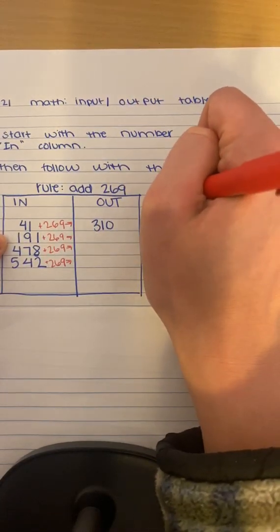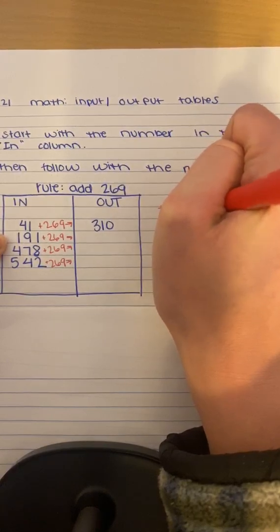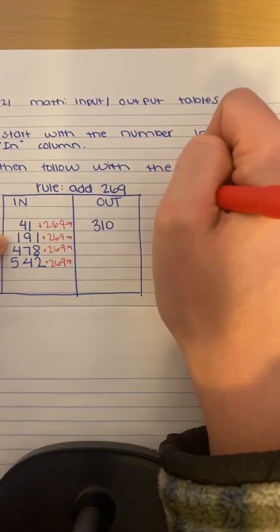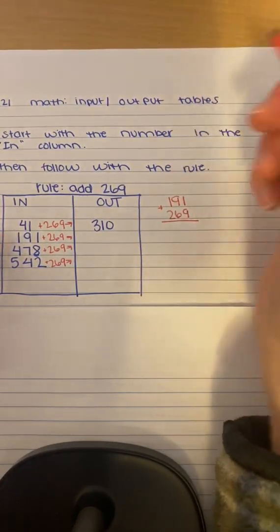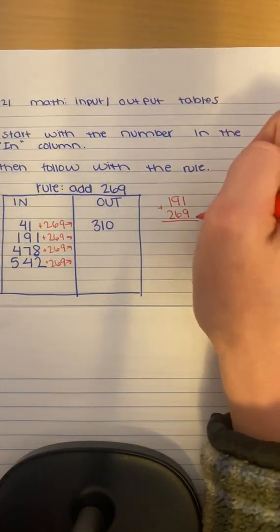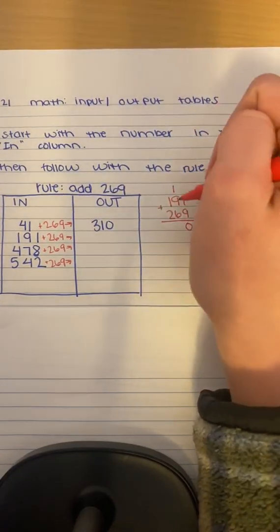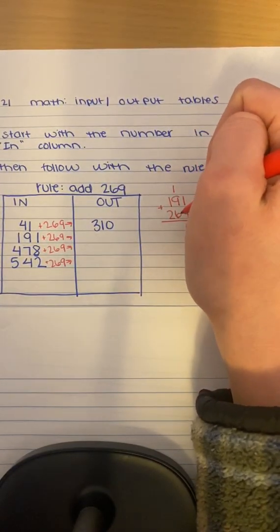I'm going to write it out over here, 191 plus 269, making sure my ones, tens place, and hundreds place all line up. So I'm starting with my ones place. 9 plus 1 is 10. So I put my 0 here and my 1 gets carried over. Now I have 1 plus 9 plus 6.